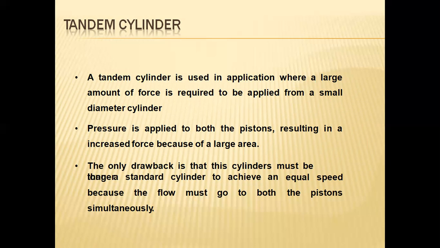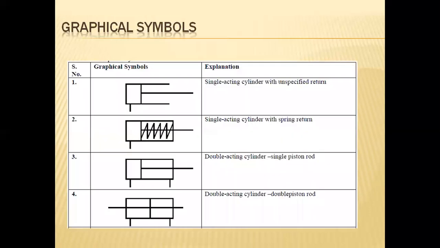If any alternate material is used for the pistons and cylinder arrangement in the connection, the accuracy maintained by the standard cylinder will not be achieved, and the secondary cylinder will not move accordingly.